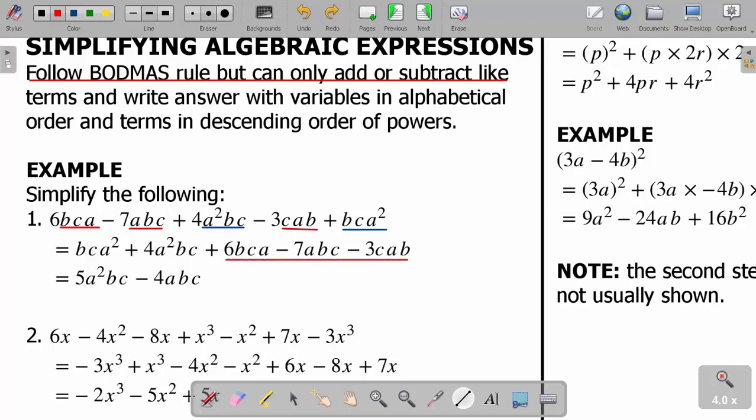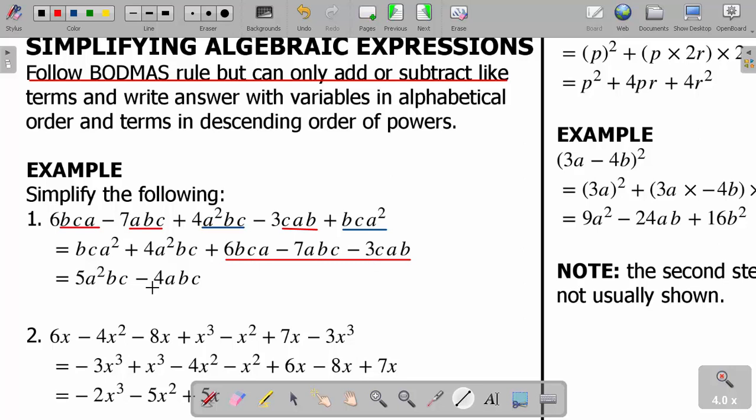Now 6 minus 7 minus 3 gives me negative what? Negative 4, because minus 7 minus 3 gives me minus 10, and 6 minus 10 is going to be minus 4, so this is minus 4abc.